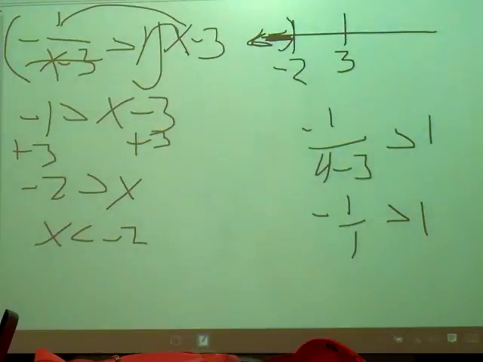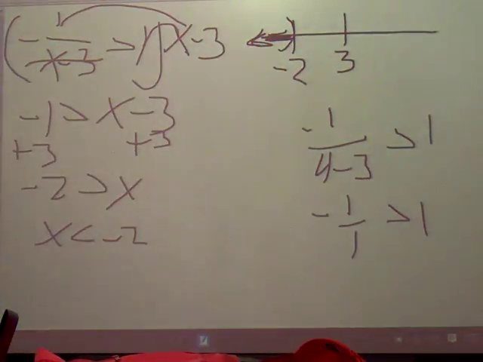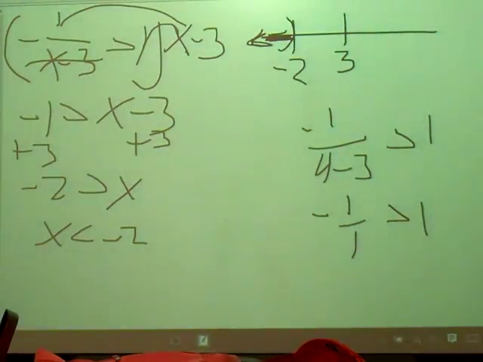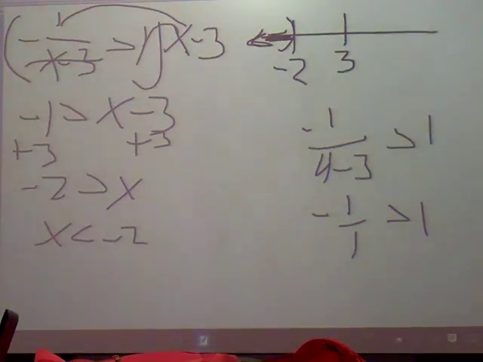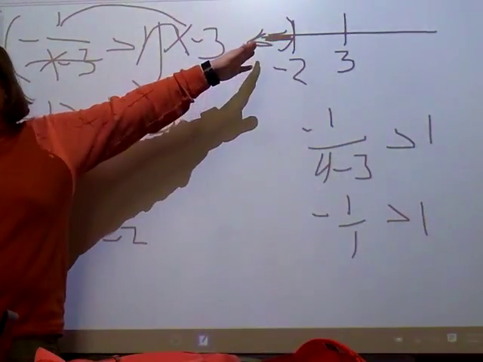Let's test -3, because I originally said -3 would make this true. So let's test -3 so you can see where I screwed up here. I got -1 over -3 minus 3 is greater than 1. So that's -1 over -6 is greater than 1. 1/6 is not greater than 1. So what made common sense to me to shade there was wrong.